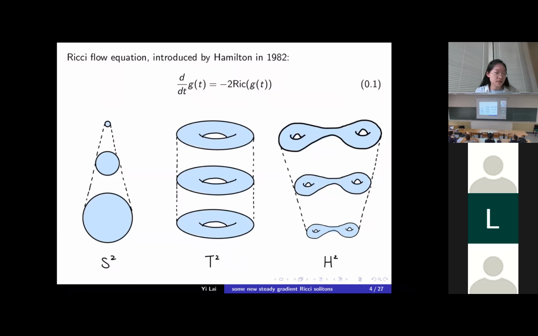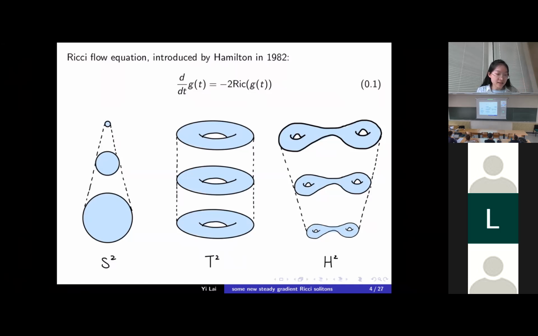Here are some elementary examples of self-similar Ricci flows. First, look at the two-sphere. If you evolve it by Ricci flow, this Ricci flow will shrink the sphere to a point, because the Ricci curvature is equal to 1 times the metric.